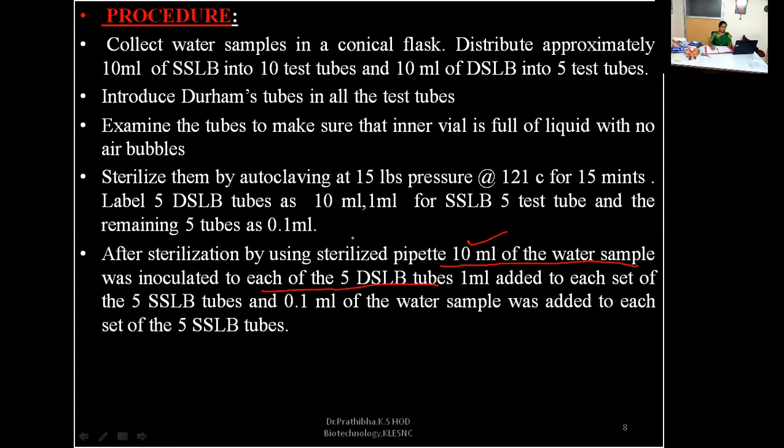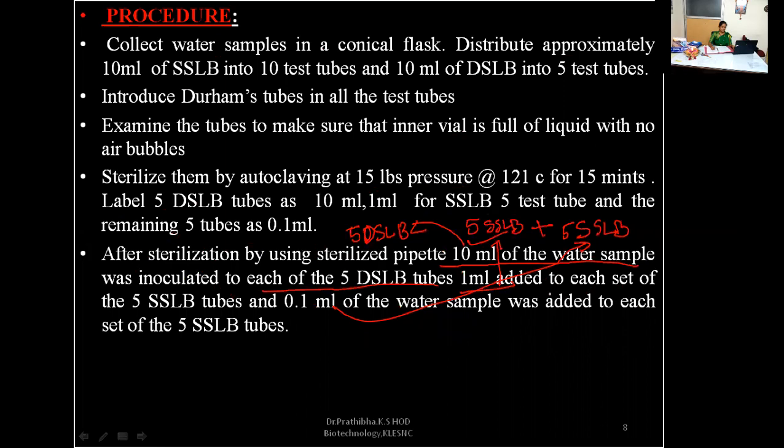Then the rest. We have done 5 DSLB. For all the 5 DSLB, you are going to add the 10 ml of water sample. Then for the rest, the 5 test tubes of SSLB, you are going to add 1 ml of the water sample. And further, for 5 SSLB, you are going to add 0.1 ml of water sample.